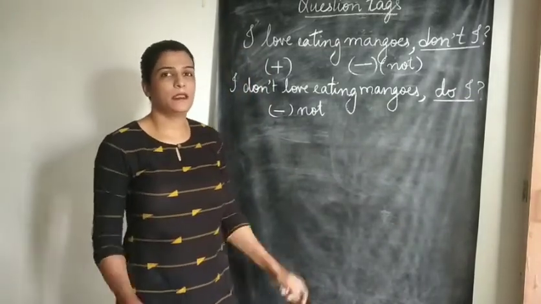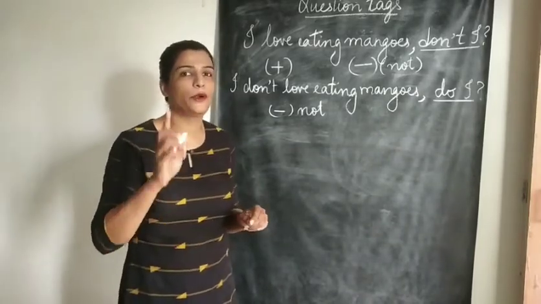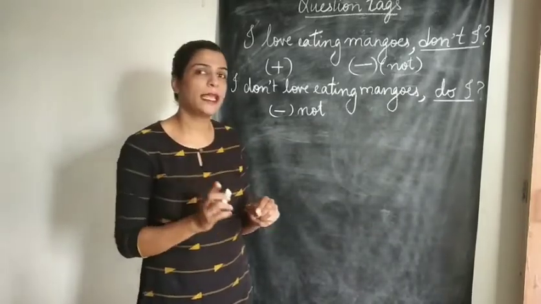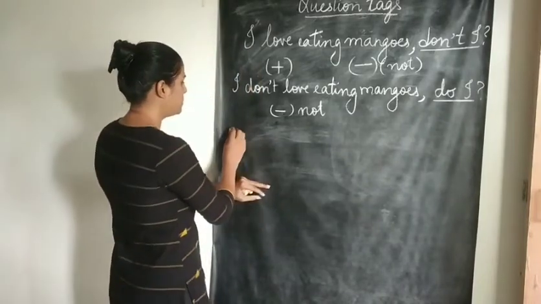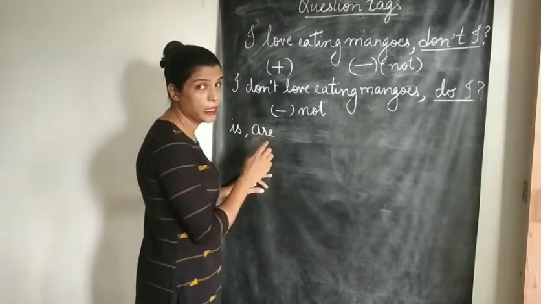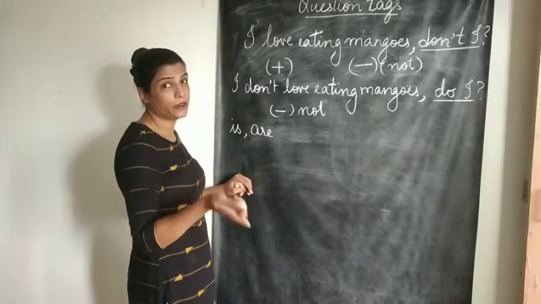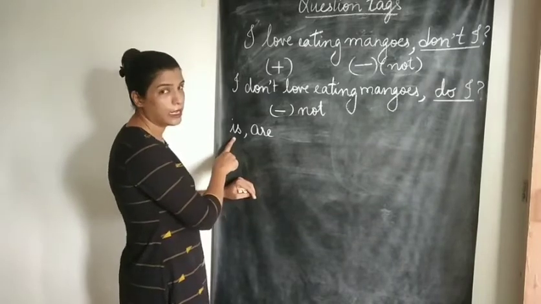Helping verbs play the major role in deciding what the question tag would be. Now what are helping verbs? The verbs which give support to the main verb. The words which give support to the main verb in the sentence are called helping verbs.